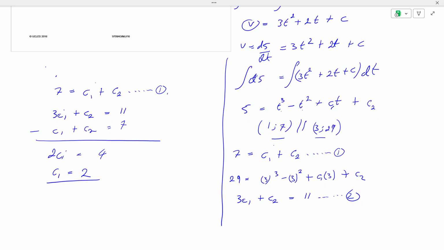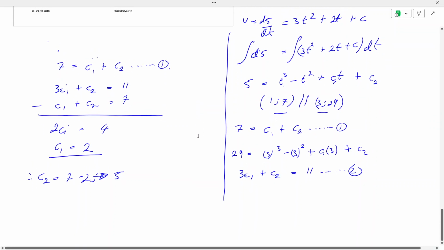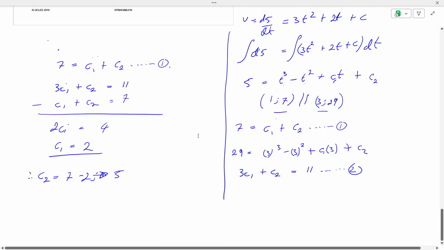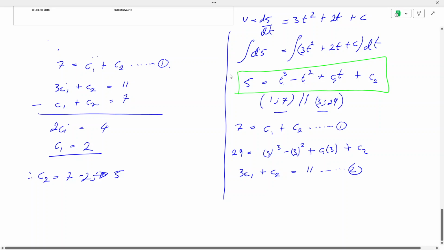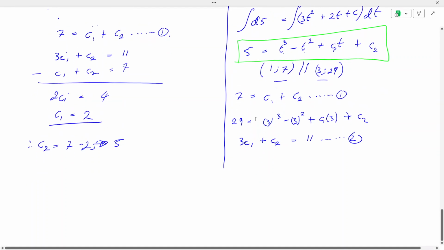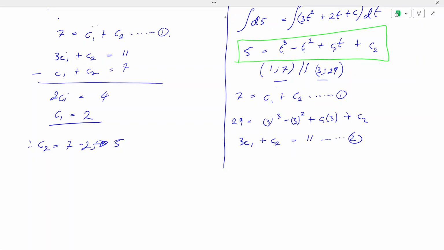Then I'll plug in the c1 in any of these equations. I'll plug it into 1. Therefore, c2 is equal to 7 minus 2, which will give me 5. Right, there you go. Now you plug it back into this main equation here to get your function of s, which is the function of s with respect to time, right?